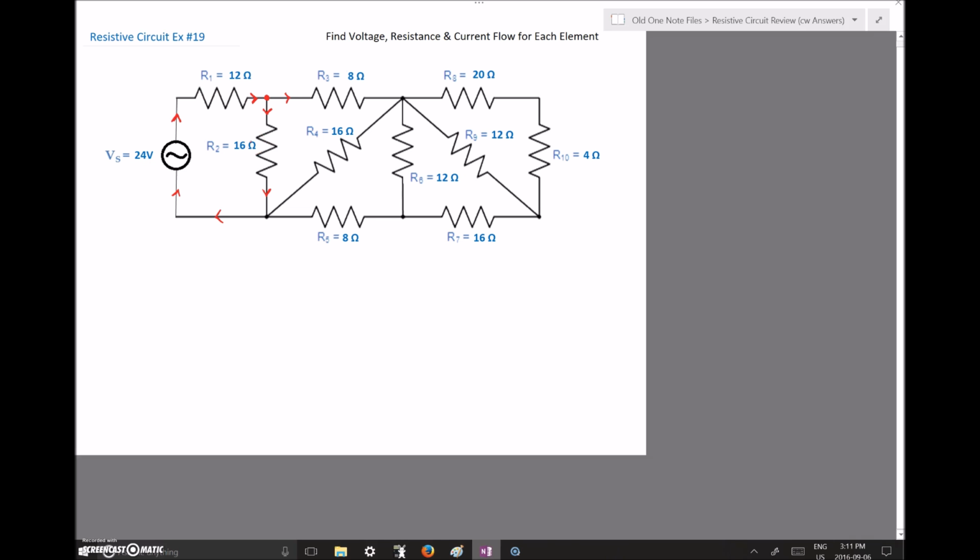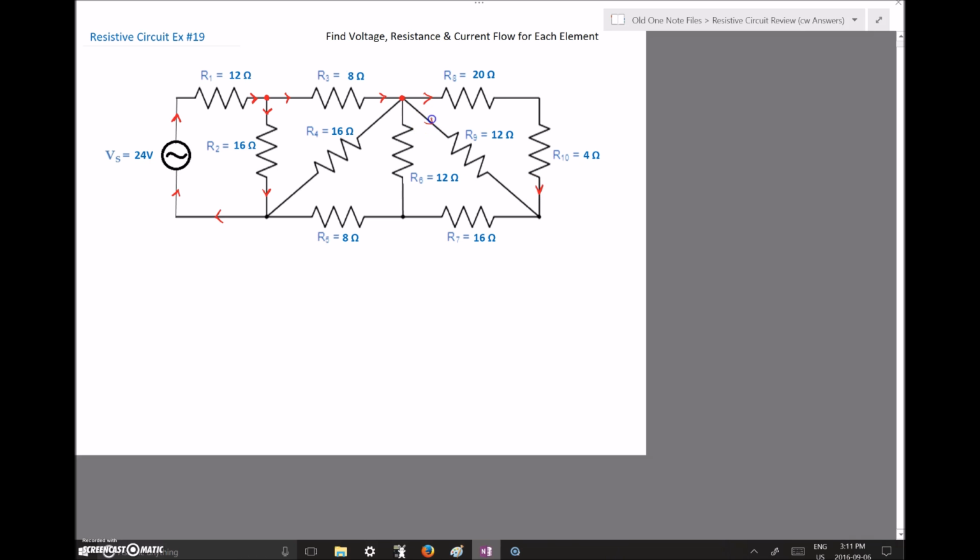Okay. If we continue along in this direction, then we're going to go through R3. So this is quite obvious, but we're just going to take the time to show where the parallel nodes are. Okay, and then we've got current that goes in four different directions. Looks like current goes through R8 and R10, so we've got a series circuit that we can deal with there.